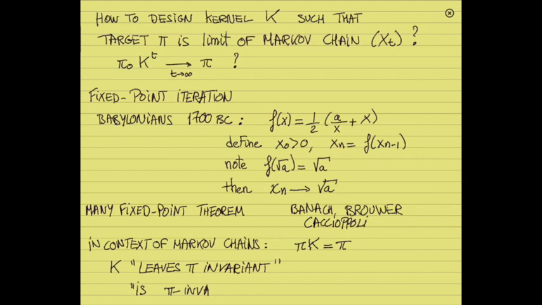So if we manage to construct a Markov kernel K that leaves pi invariant, in other words, that can be seen as a function taking pi and outputting the distribution after one step, and if that would be equal to pi, then possibly the iterations would converge to that distribution pi. Okay, so that's the principle of fixed point iteration, but that still doesn't tell us exactly how we're going to design the Markov kernel.